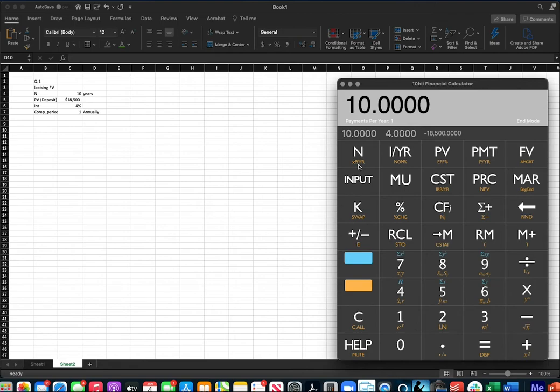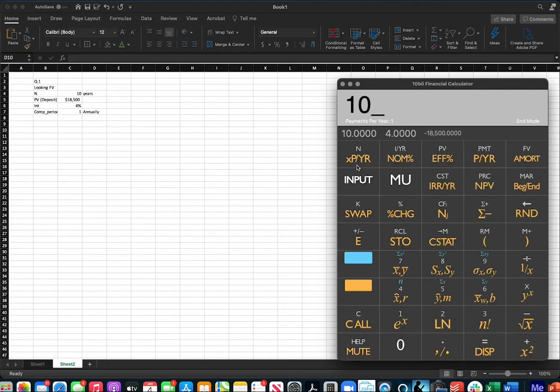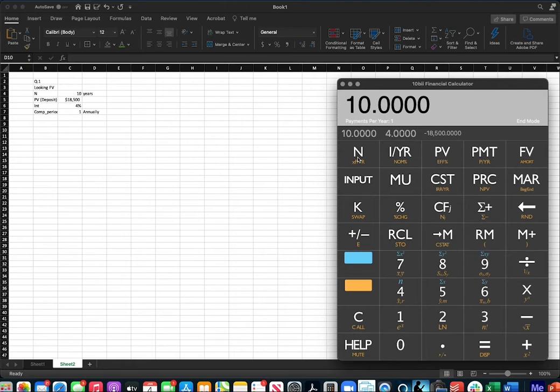So get in the habit now, even when you're dealing with 1 payment per year. Again, that was 10. We hit 10, Shift, periods per year, and the calculator just multiplies that 10 by 1. We're not dealing with payments, so we can just go ahead and hit future value, and it gives us our answer.